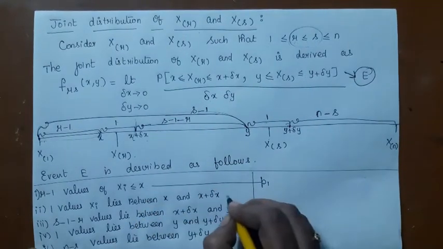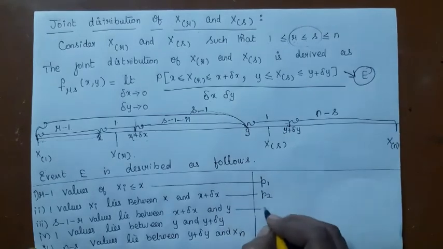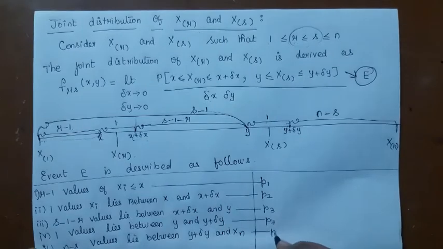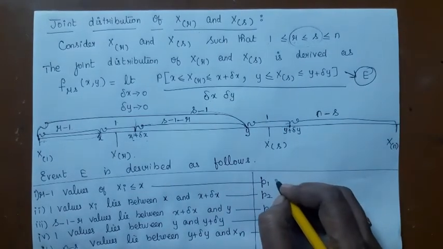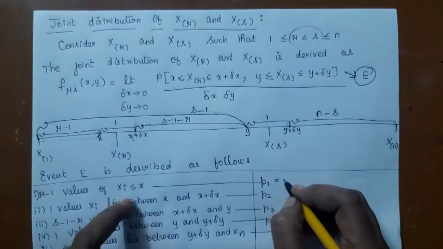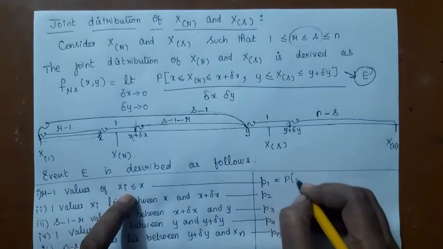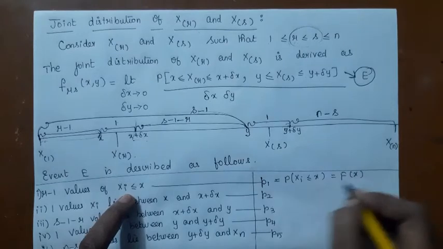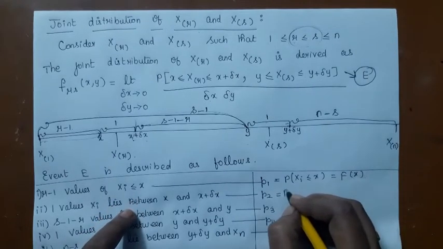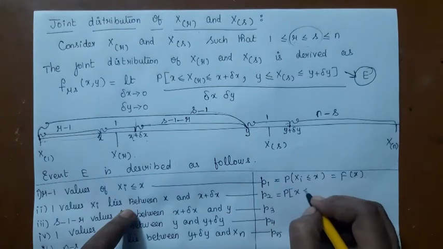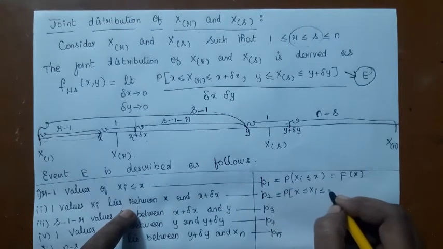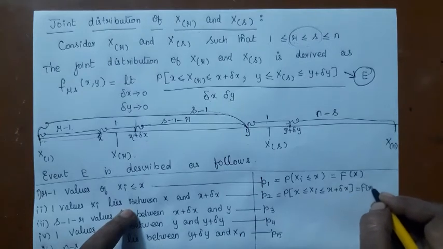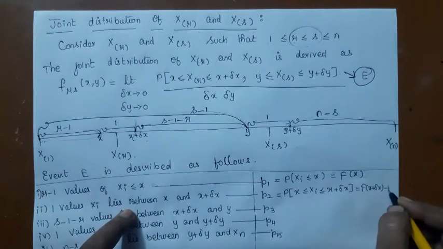let me call the probabilities P1, P2, P3, and the probability for this event is P4, and this is P5. What is P1? P1 is the probability that Xi is less than or equal to x, which is F of x. And what is P2? The probability that x is less than or equal to Xi, less than or equal to x plus delta x, which is equal to F of x plus delta x minus F of x.